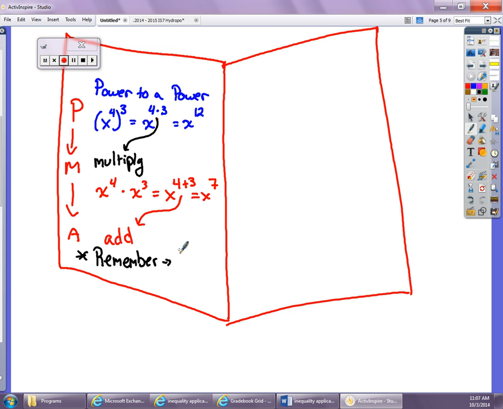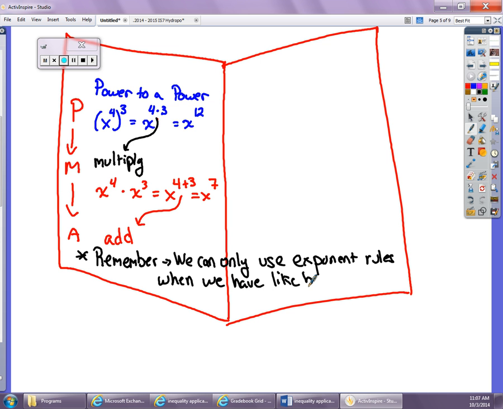We can only use exponent rules when we have like bases. So if we have like bases, we can use our exponent rules. And now here we looked at dividing or multiplying.